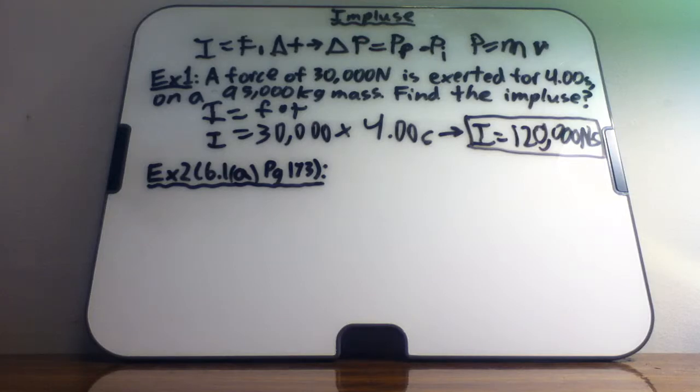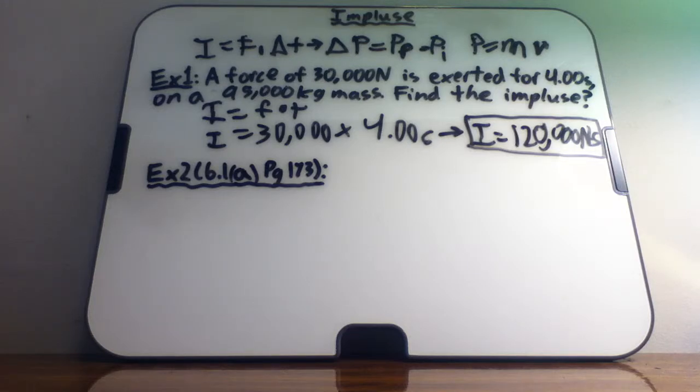Okay. Now, another impulse problem you will come across is similar to example 2, which is 6.1a on page 173 in your textbooks, if you want to flip to that now. 6.1 states that a golf ball with a mass of 5.0 times 10 to the negative 2 kilograms is struck with a club, as in figure 6.3.